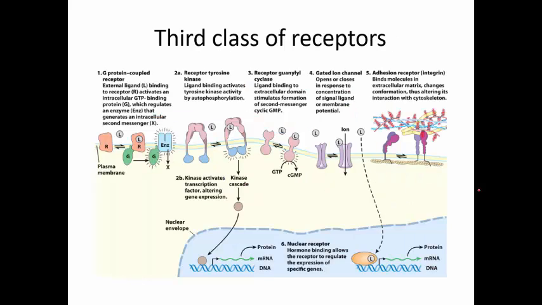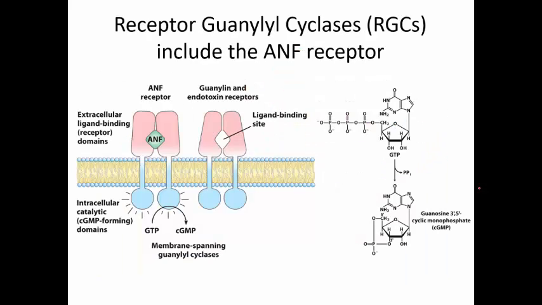All right, the third class of receptors here is the receptor guanylyl cyclase. This is, again, going to be a simpler one, a little more like the RTKs than the GPCRs. The example we're going to use here is the ANF receptor.